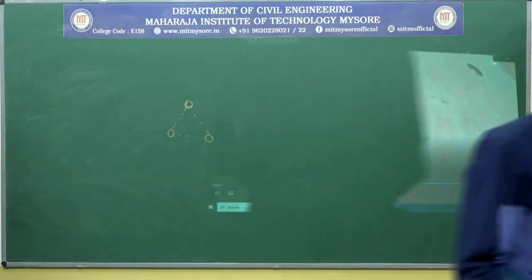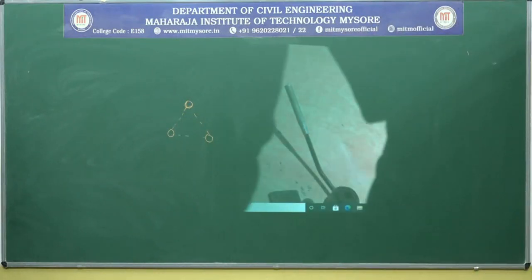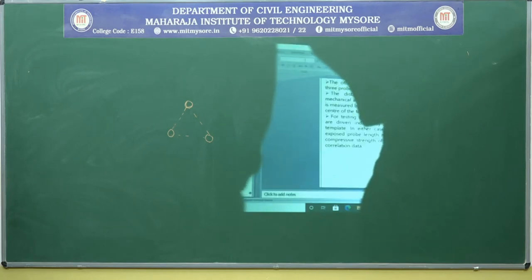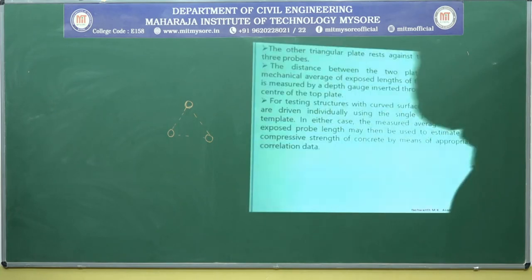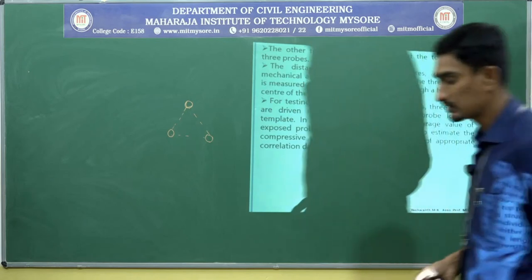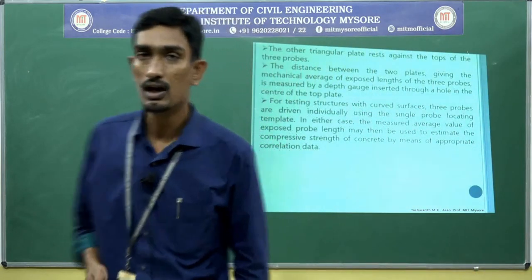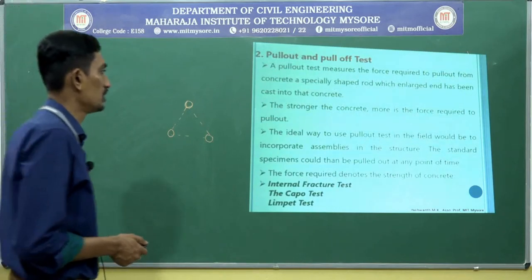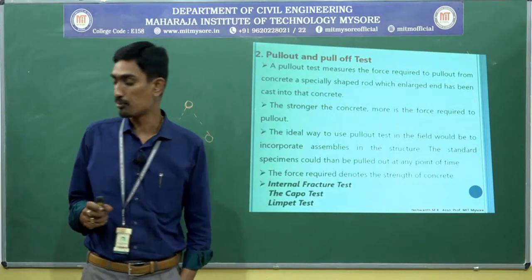So like that he is going to perform the Windsor probe test. Next we will move on to the next test. Hope the concept has been cleared in the Windsor probe.